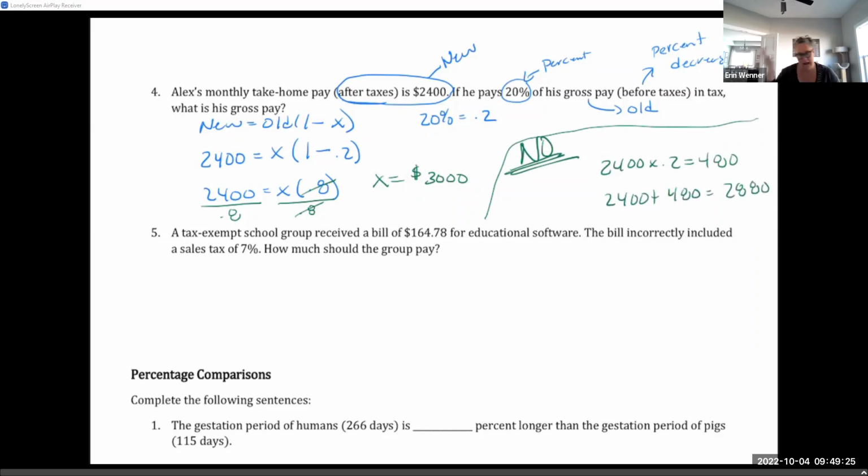Not what we want, right? So that is considered a 20% increase on the 2,400, but what we're trying to find is a 20% decrease on some unknown number. So that is why we cannot solve it this way. Don't do that. Do it this way.